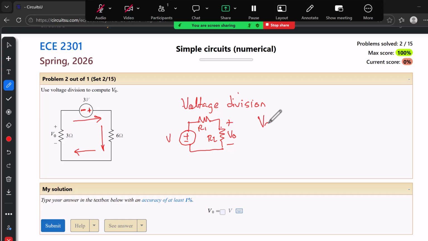By voltage division, the voltage is going to be V times the resistor we want to take the voltage across, over the sum. So if we want the voltage across R2, it will be R2 on the top. If we want the voltage across R1, then we change the resistance on the top to be R1. So that's how voltage division works.